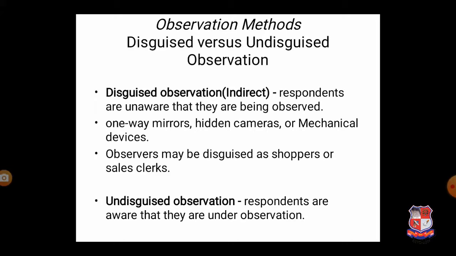If you are aware that a CCTV camera is in this premise and somebody is observing your behavior through it, it is again an example of undisguised observation. So there are two types of observation: disguised and undisguised. Disguised is known as indirect, undisguised is known as direct. Indirect means respondents are unaware that they are observed, and undisguised means respondents are aware they are being observed.